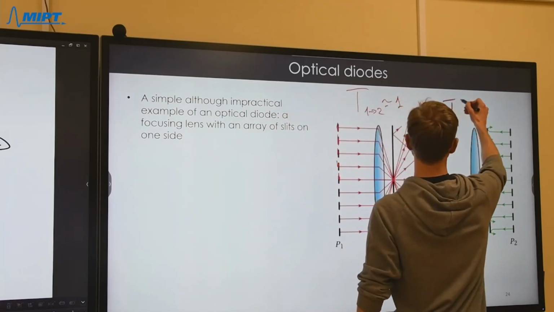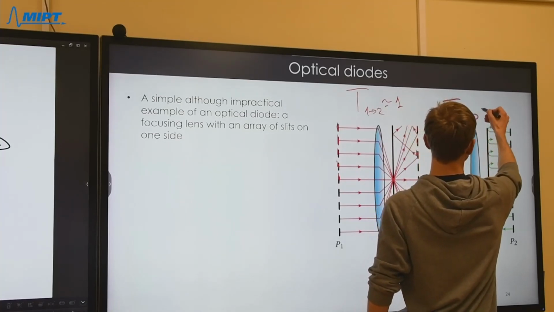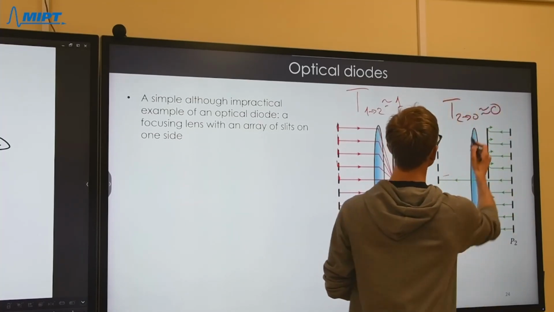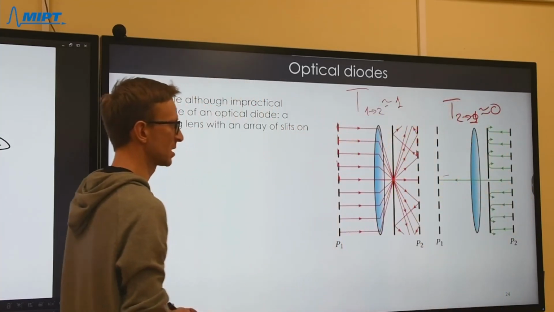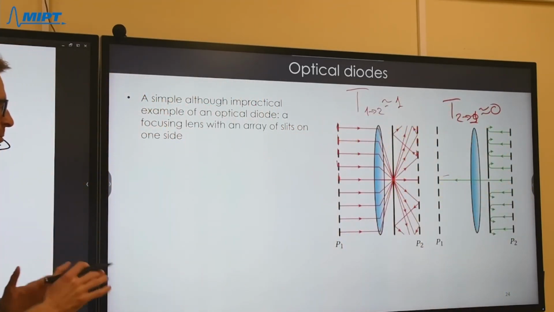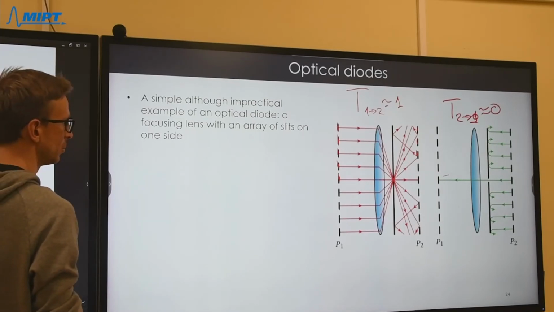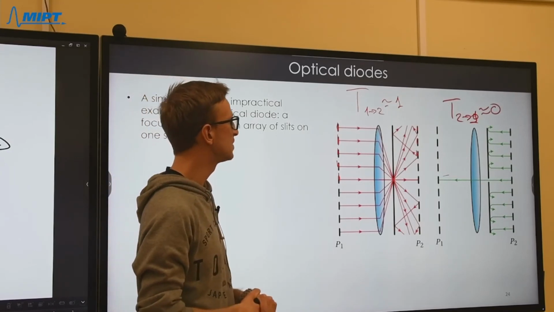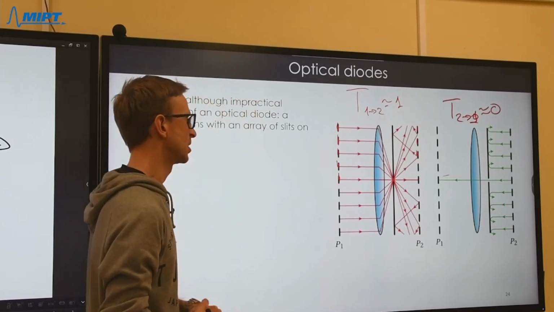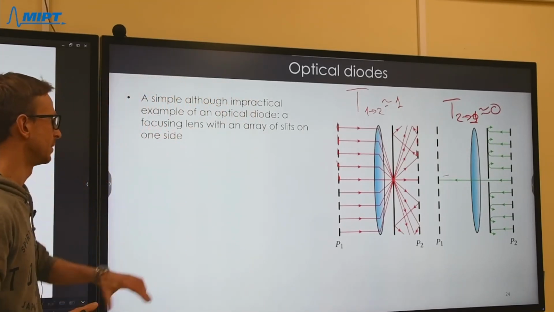And therefore T from 2 to 1 will be nearly 0. This is an example of an optical diode. Completely reciprocal system. There is no magnetic field, no nonlinearity, and no time modulation. Yet it achieves the functionality of an optical diode.